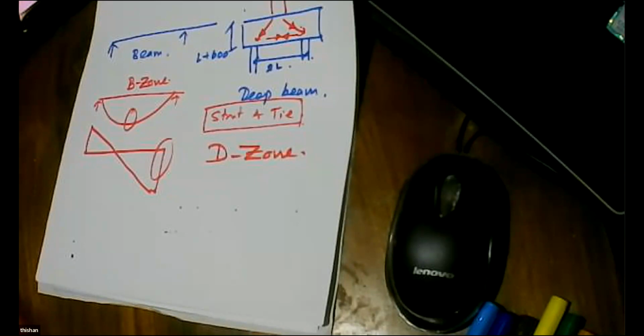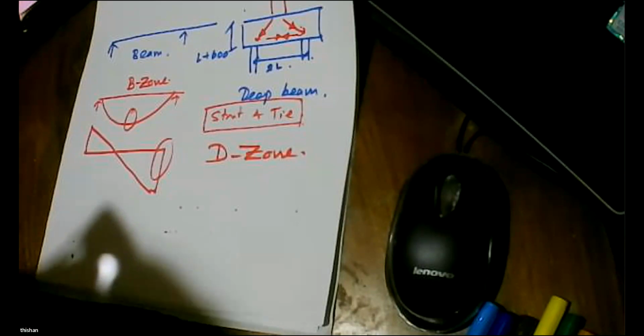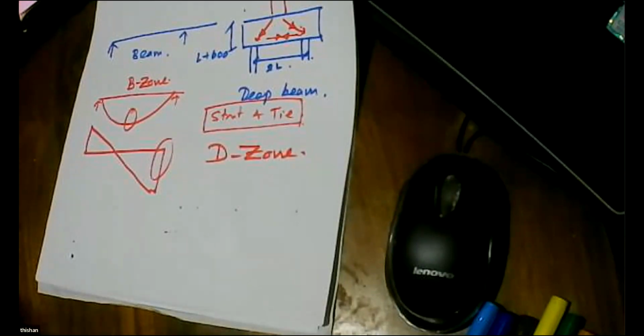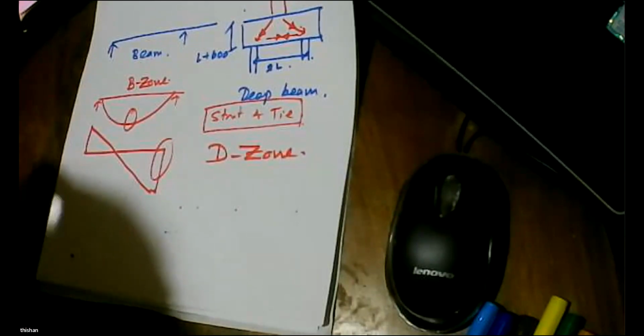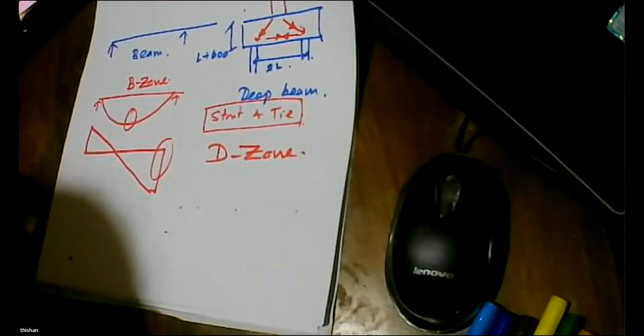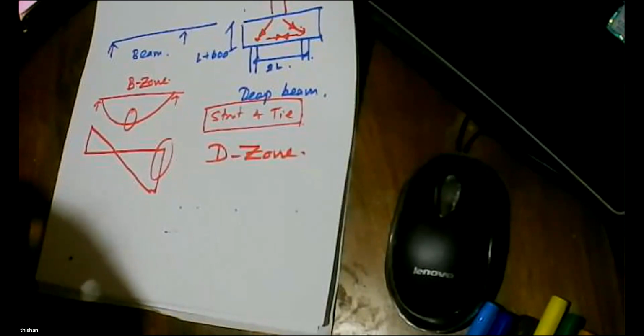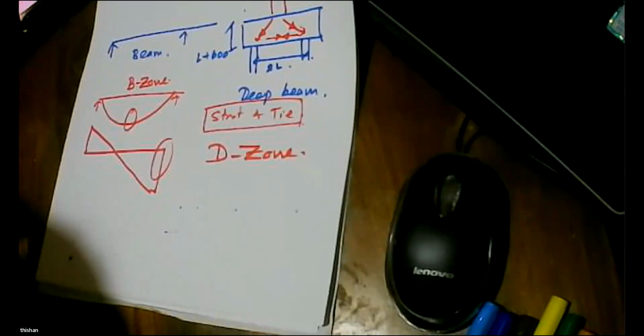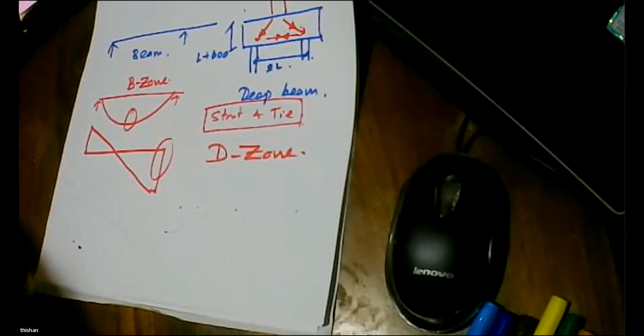But it's useful to know that there is something called B zone and D zone. B zone is where Bernoulli's theory is applicable. Plane sections remain plane is applicable. Whereas other places, it's D zones, we have to treat it in a separate way, right? And one good example is the design of a pile cap, where we use the strut and tie method.